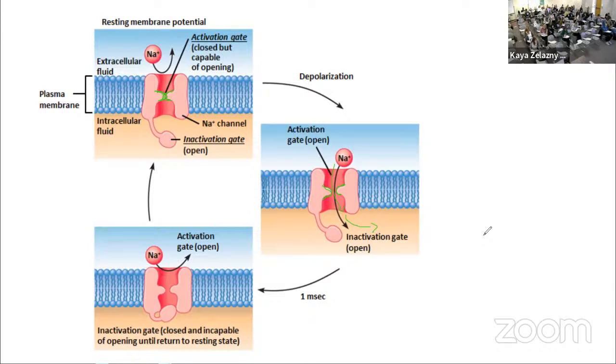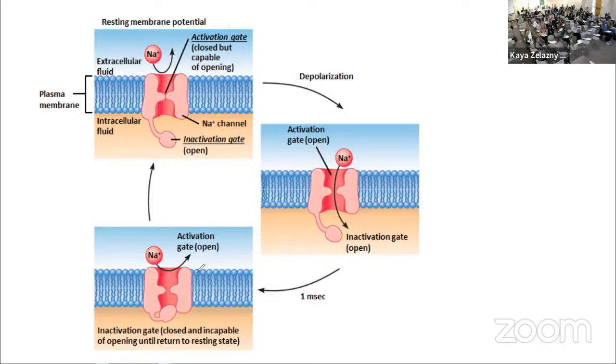There's also a timing bit in these voltage-gated channels, and the timing bit comes into play with that inactivation gate. We don't want sodium to flow through forever, so we are going to close that sodium channel back.